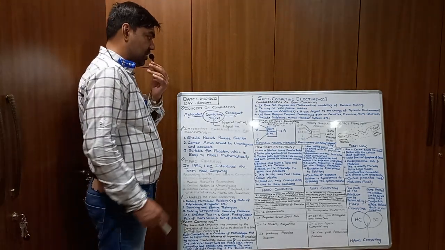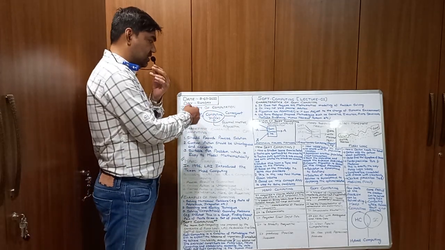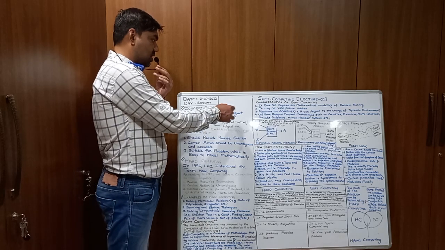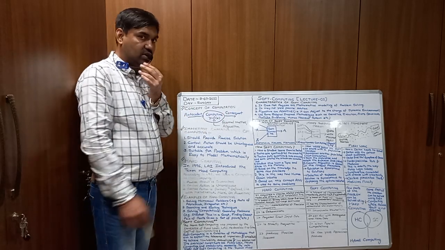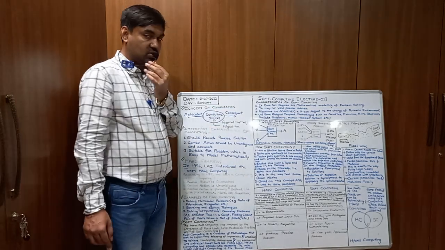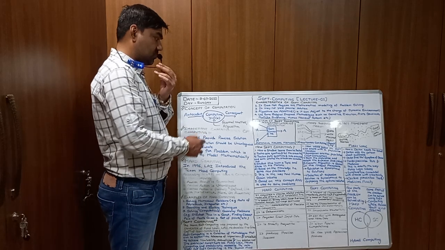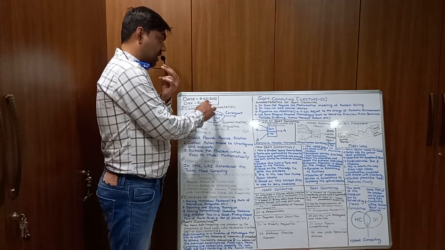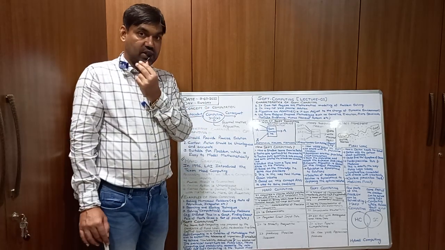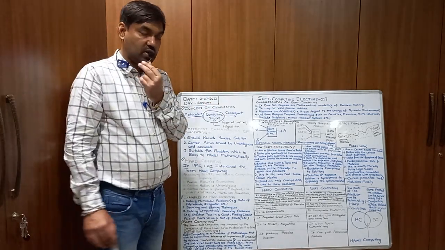So, computation or computing, we have an antecedent and a consequent. Antecedent is essentially the input, and consequent is the output. Computing is a system which takes the input and transforms it into an output.